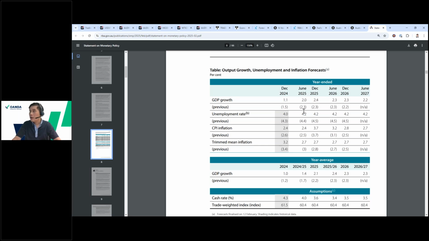And the unemployment forecast was reduced from 4.4% to 4.2% for half year June 2025, and by year end 4.2% from the previously forecasted 4.5%. So they don't expect the labor market to fall off the cliff.